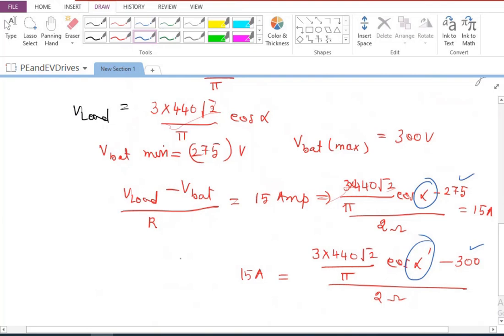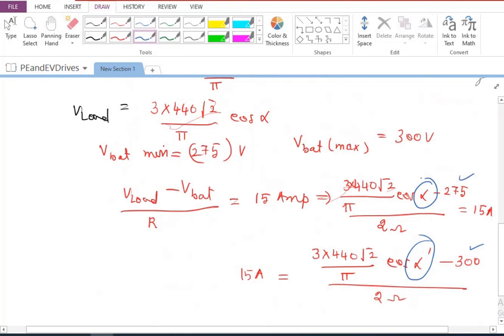Okay. And that is actually coming out to be 59.1 degrees corresponding to 275 volts.